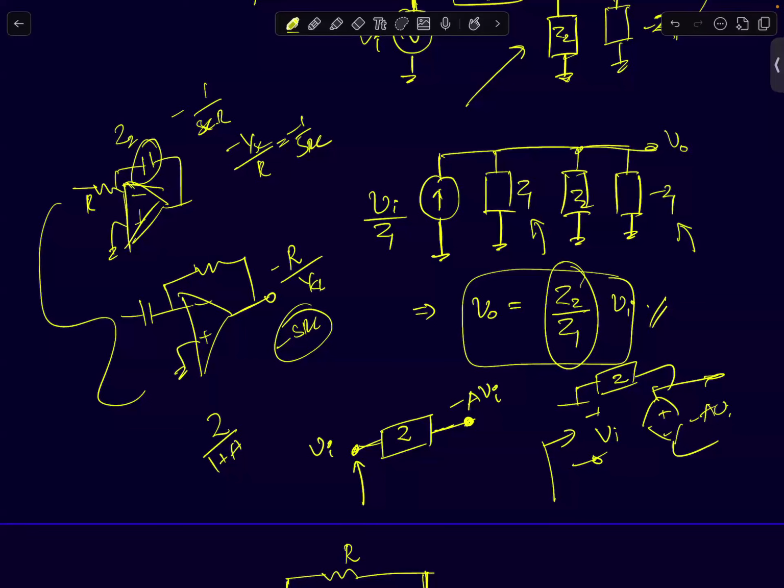Now this is true for any value of A, where A can be positive or negative. It doesn't matter. You will get this result. What if A is positive? If A is positive, you will get a relationship, the Miller impedance seen at this input port. So let me show this here.